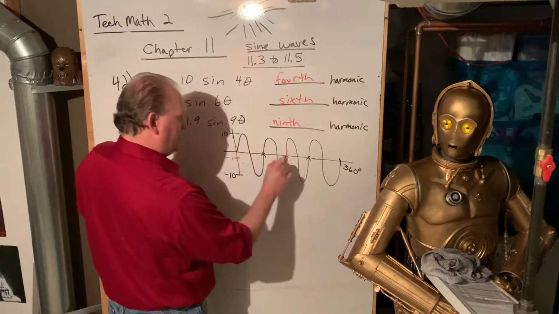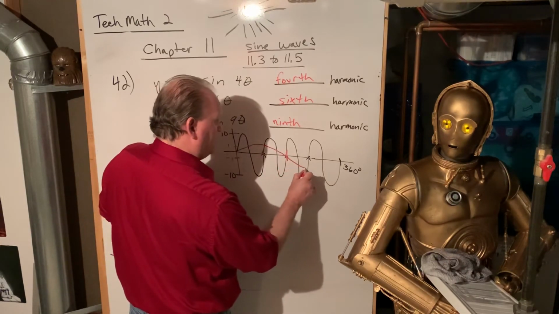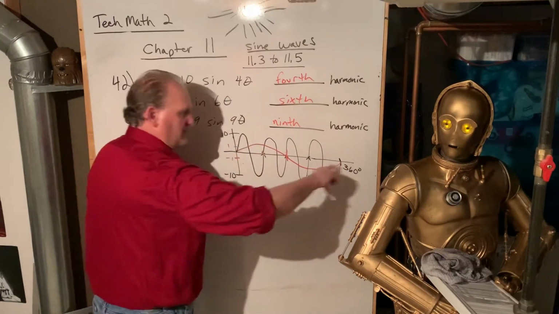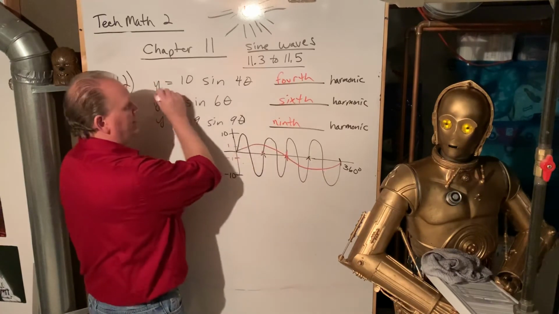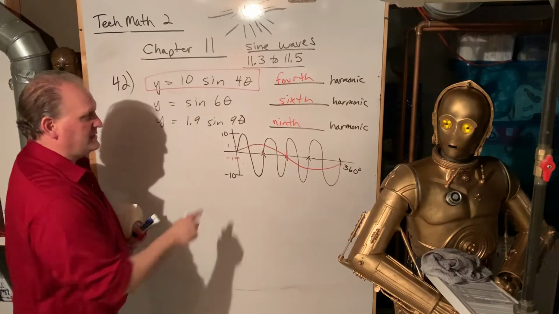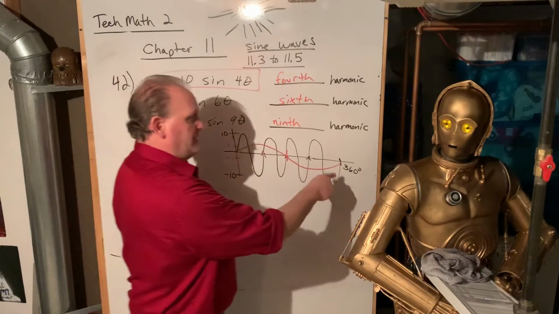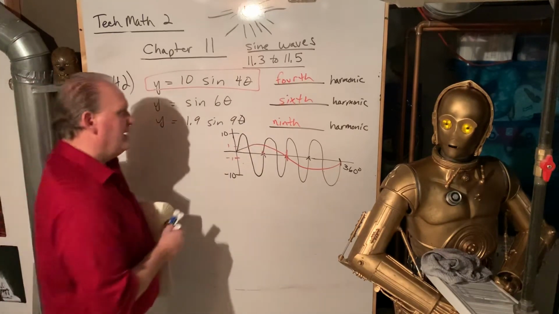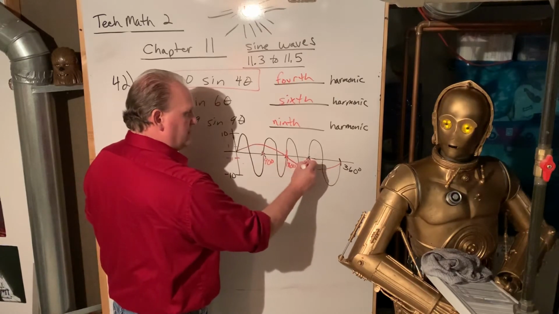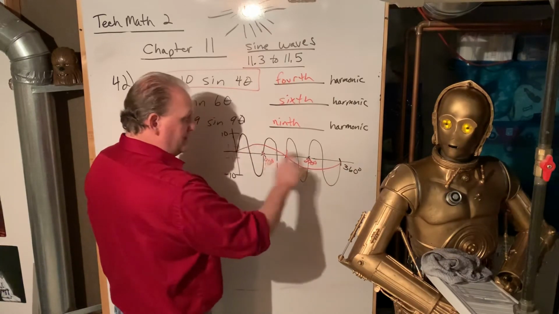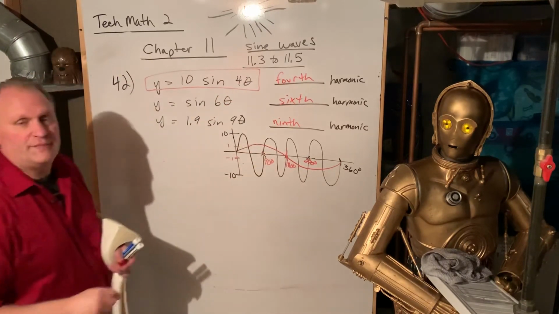It looks all stretched out, but it's just because I have the 360 lagging, you know what I mean? So those are the 2 differences. The amplitude would go up to 10, and we'd get 4 for the price of 1. There would be 4 of them in there instead. And so that would have 90 degree periods. Like this is 90 degrees, this is 180 degrees, this is 270 degrees, and that's 360 degrees. 90 degree periods, because 360 divided by 4, that's where it repeats itself.